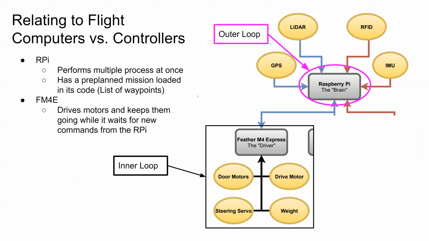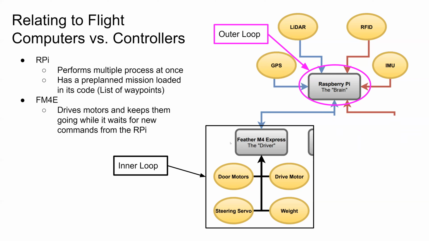If you guys watched that YouTube video on flight computers versus flight controllers, I tried to relate this to that guy's explanation. So the Raspberry Pi is considered as the outer loop because it was running multiple processes at once, and it also had a pre-planned mission loaded into its code, which was the list of waypoints and the for loop that iterated each of them.